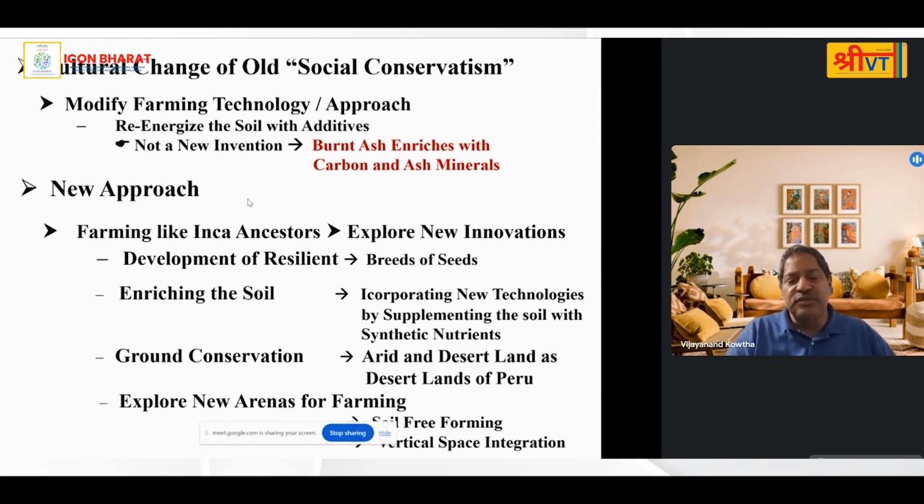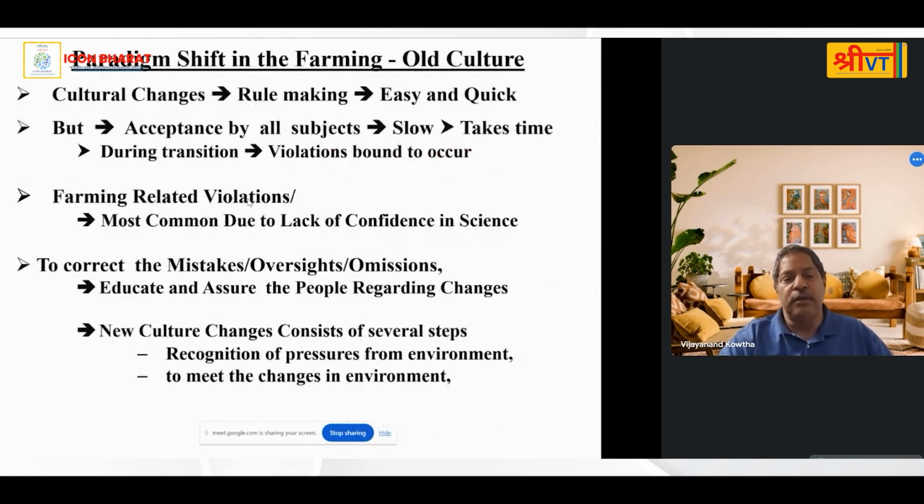The new approaches from the Inca ancestors explore new innovations that provide development of resilient breeds of seeds, enrich the soil with ways that we can do with synthetic nutrients, and of course, ground conservation are the areas that we can explore new areas of farming in free form, in artificial space, and of course, subsistence farming that we can push on.